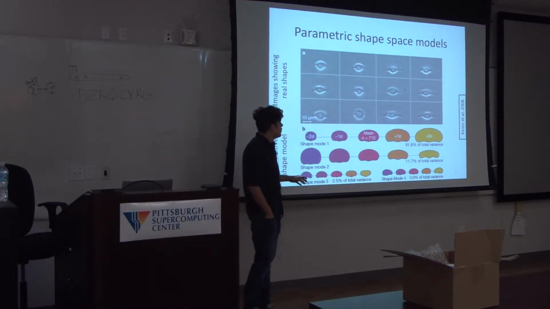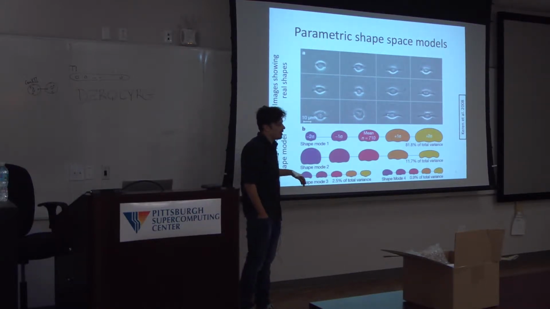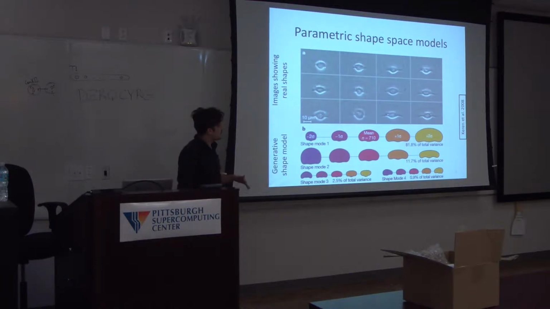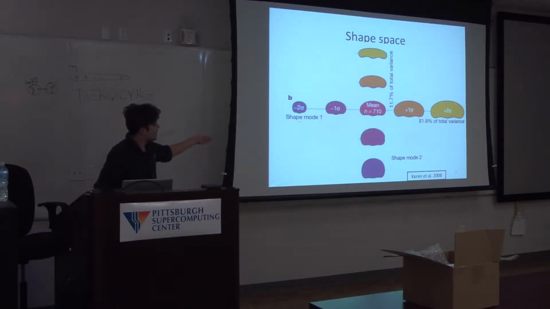And these describe different amounts of total variation of this model. So here would be the first dimension, this would be the second dimension, and so on and so forth.